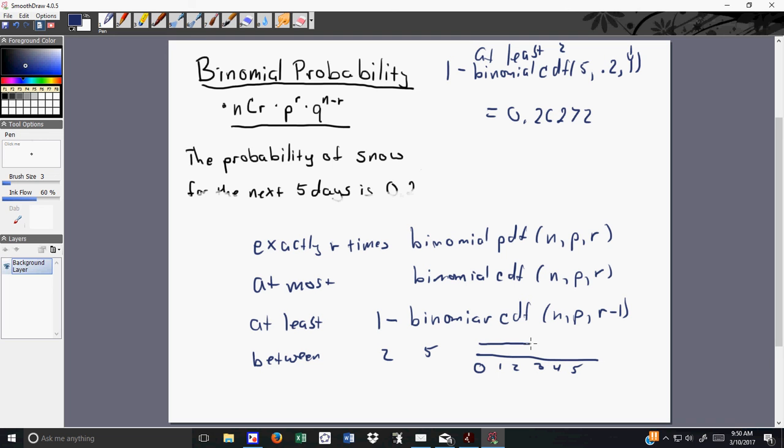I would do a CDF for 5, and then I would subtract a CDF of 1. So CDF for 5, and minus a CDF of 1. And obviously it'd be 5 and 0.2, and then 5 minus that, and that would be a between. All right, I hope this helps. Enjoy.